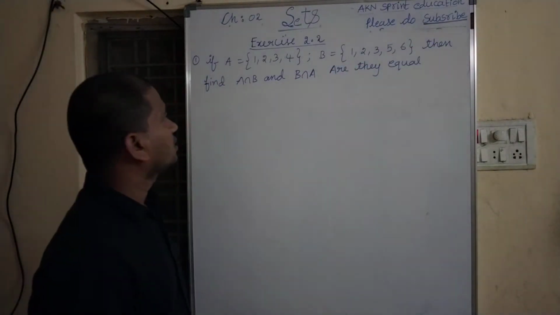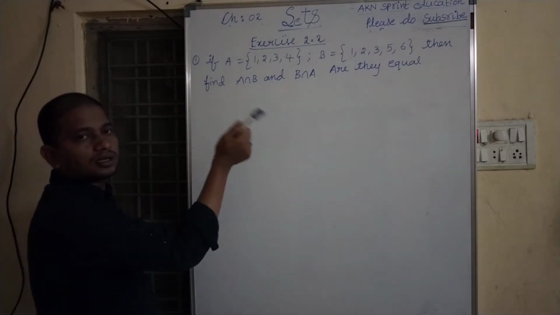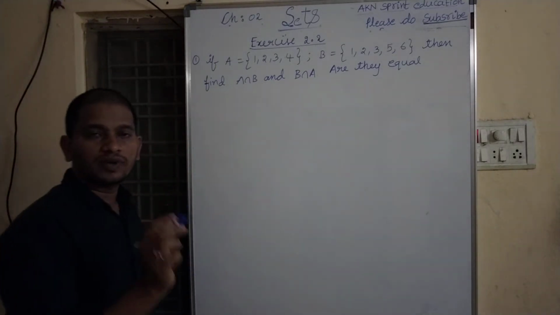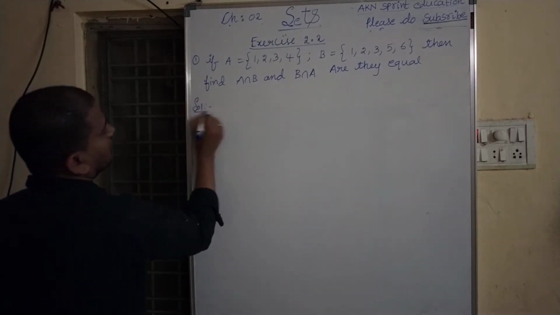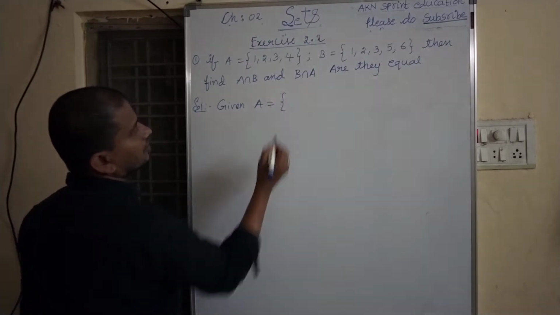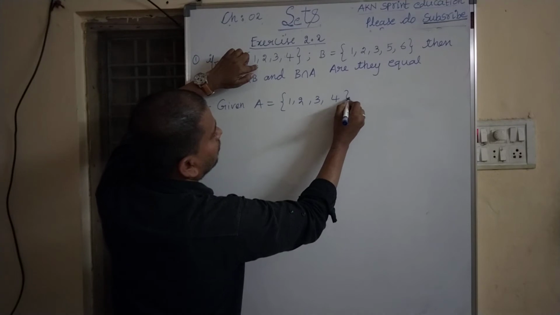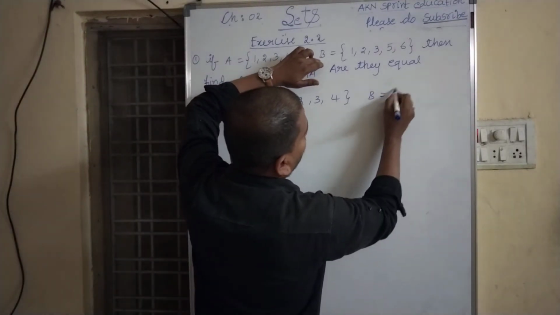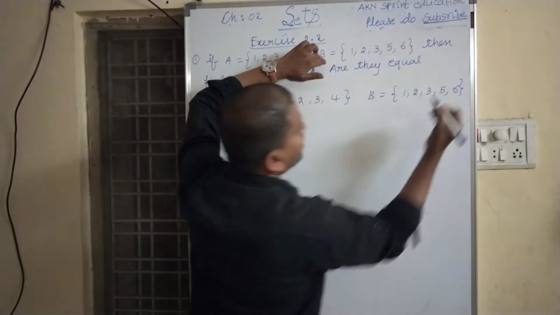6. Then find A intersection B and B intersection A. Are they equal? Okay. So the solution is, what is given? Given set A, that is 1, 2, 3, 4, and given set B, 1, 2, 3, 5, 6.